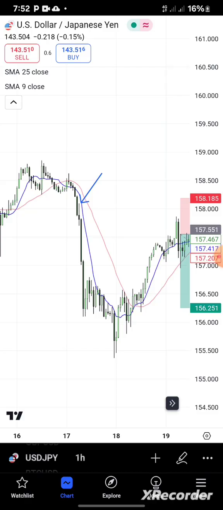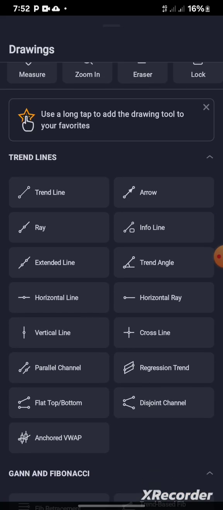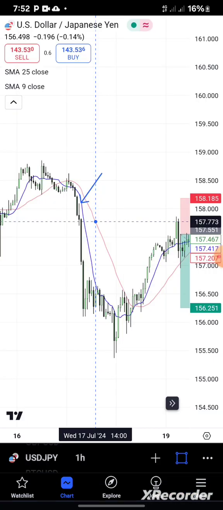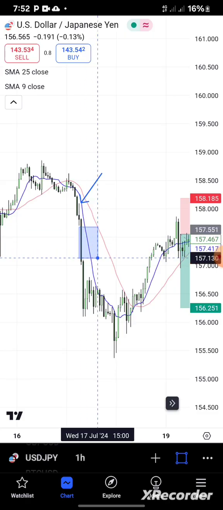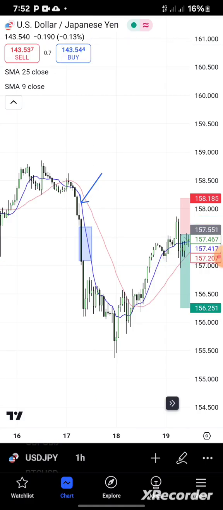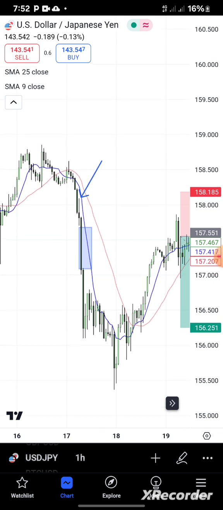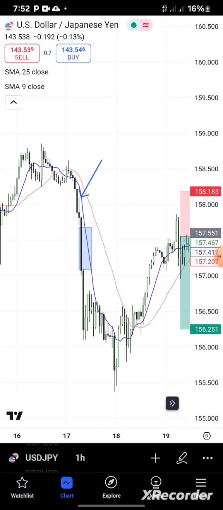Now, if you see a very big push to the downside after that zone has formed, and there are very many fair value gaps here, as you can see, there is a fair value gap here and another one down here, that means price has to come and retest that zone before moving further to the downside.